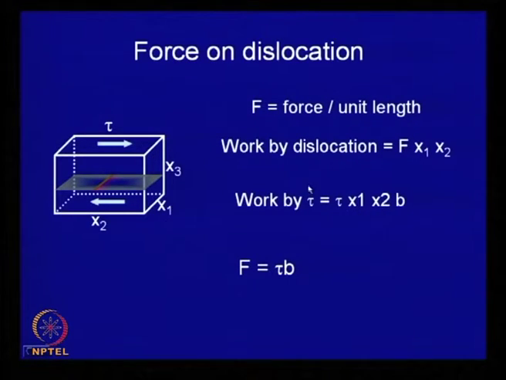So, this is the force acting on the slip plane, and the displacement is b. If you equate the two, x 1 and x 2 cancel out. So, the force acting on the dislocation is equal to tau b, and this is a very important expression, and we will often be referring to this in subsequent lectures.